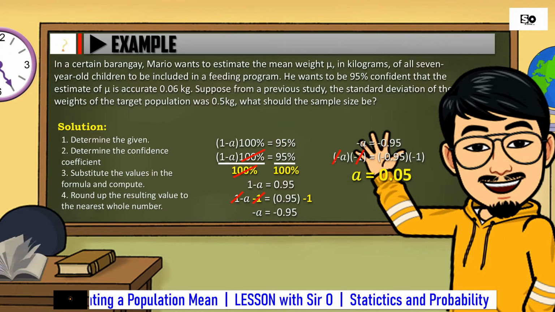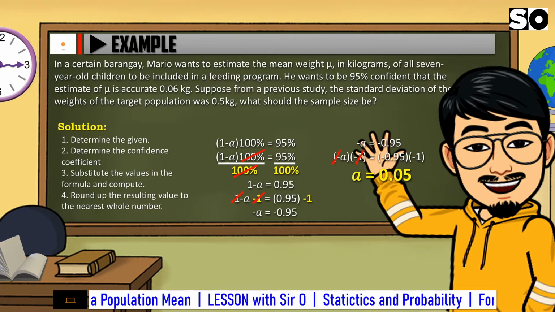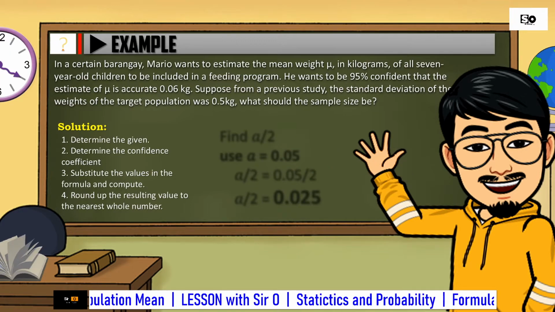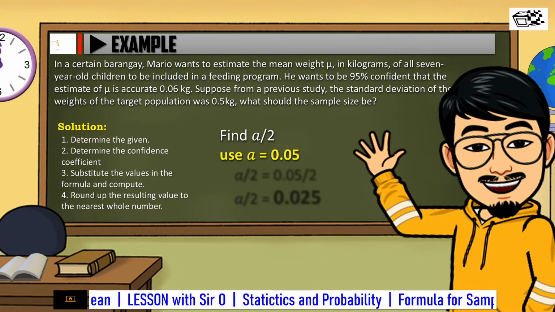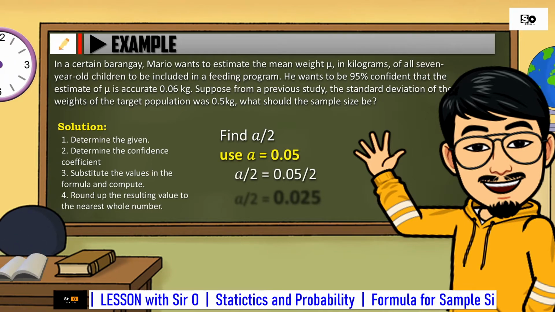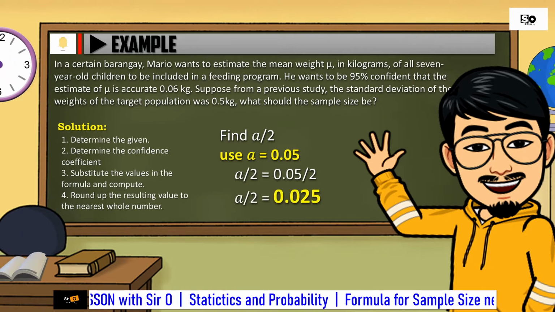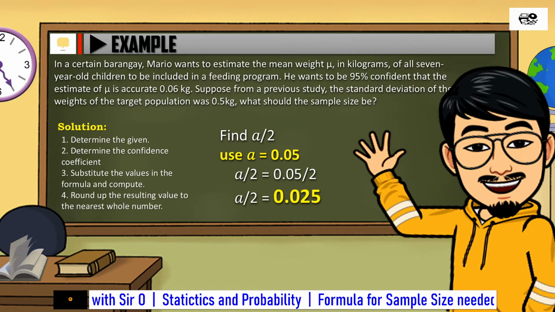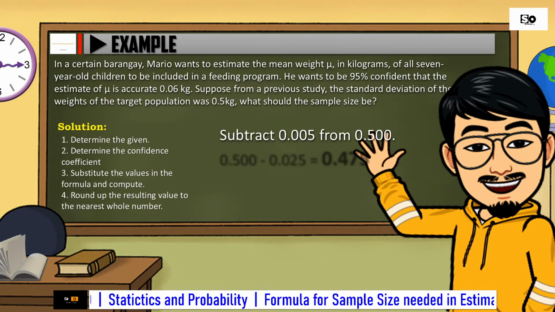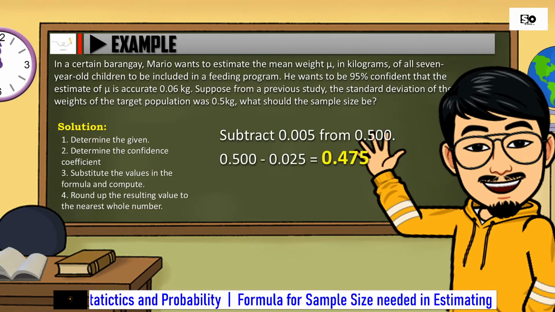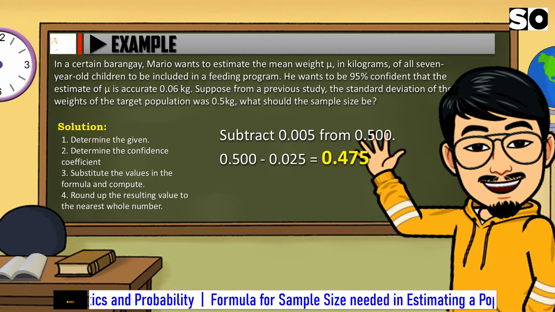Our alpha is equal to 0.05. Next, find alpha over 2. Use alpha equal to 0.05. Alpha over 2 is equal to 0.025. Now, subtract 0.025 from 0.5. We have 0.475.